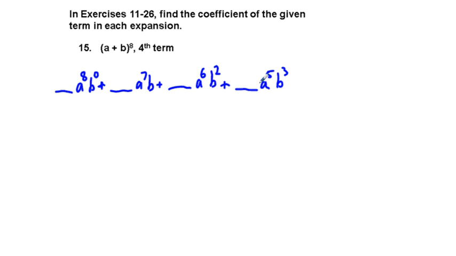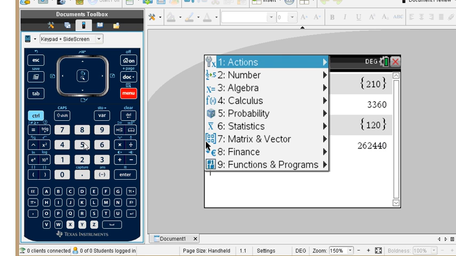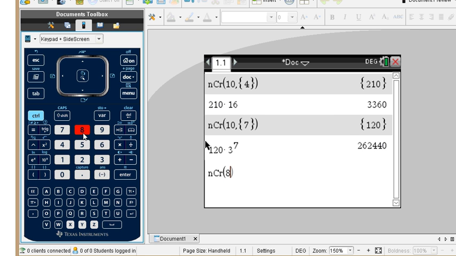We don't have any numbers to multiply, so we're just really interested in this nCr format as 8 choose 0, 1, 2, 3. So 8 choose 3 is going to give us this number right here. So let's do that. Menu 5.3. We go to 8, comma, bracket, 3, the fourth term, so 56.